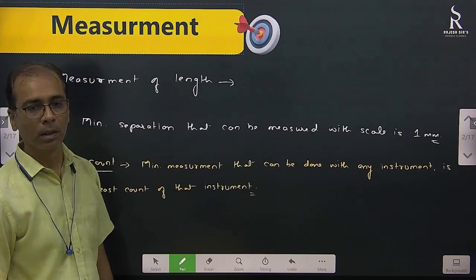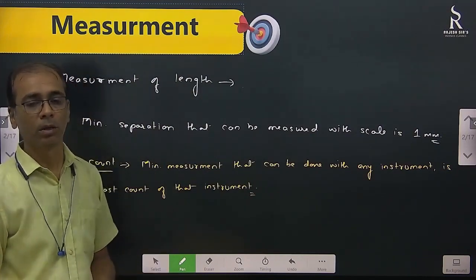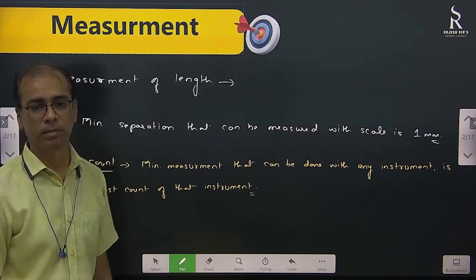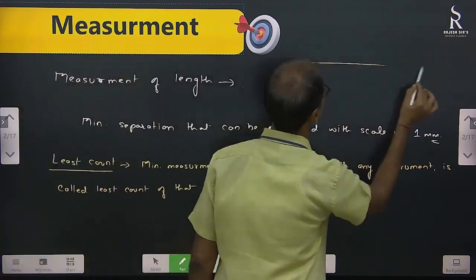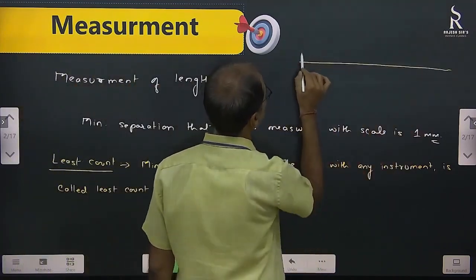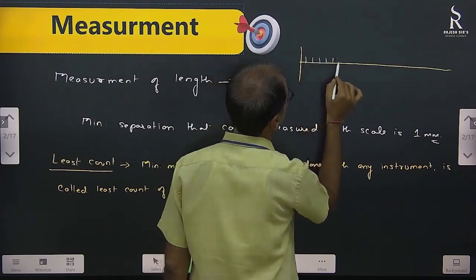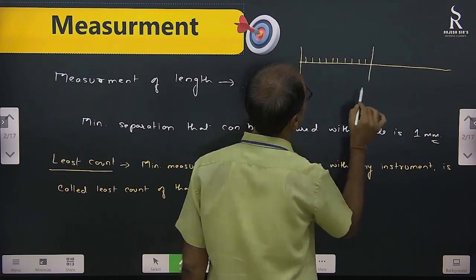Now, what is the need of the instruments that we are going to talk about today? Because we want to measure less than 1 mm. If this is the scale, this is 0, and then these are the graduations 1, 2, 3, 4, 5, 6, 7, 8, 9, 10, then comes 1 centimeter.